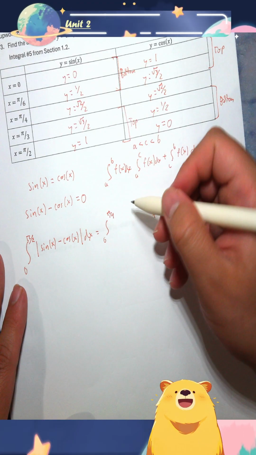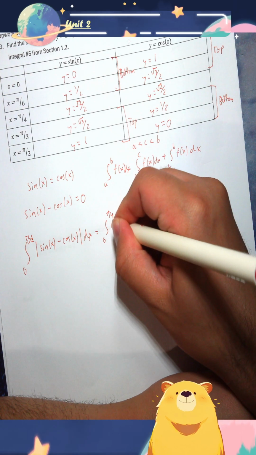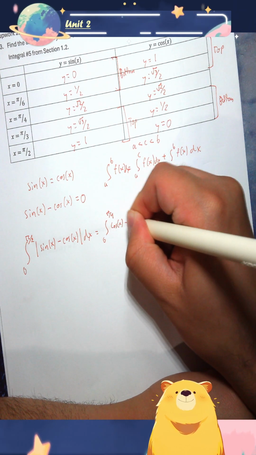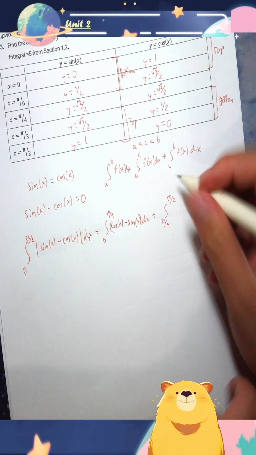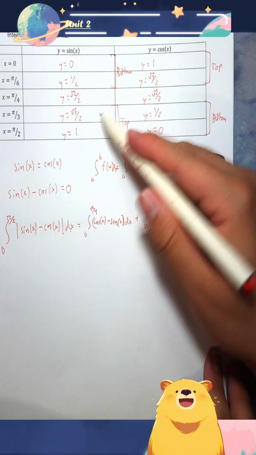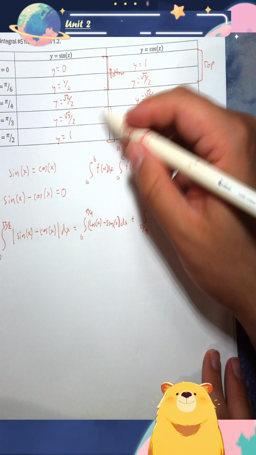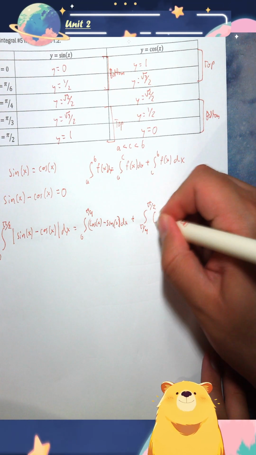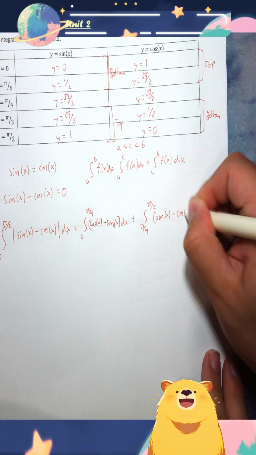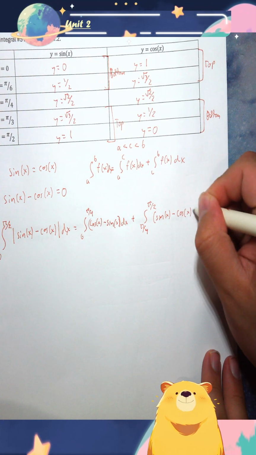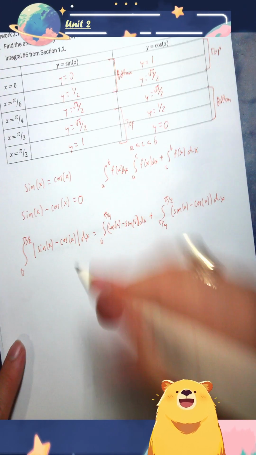Up to pi over 4, we see that cosine's on the top and sine's on the bottom. After pi over 4, and then we stop at pi over 2, sine is on the top and cosine's on the bottom. And then we're just going to do these two intervals separately.